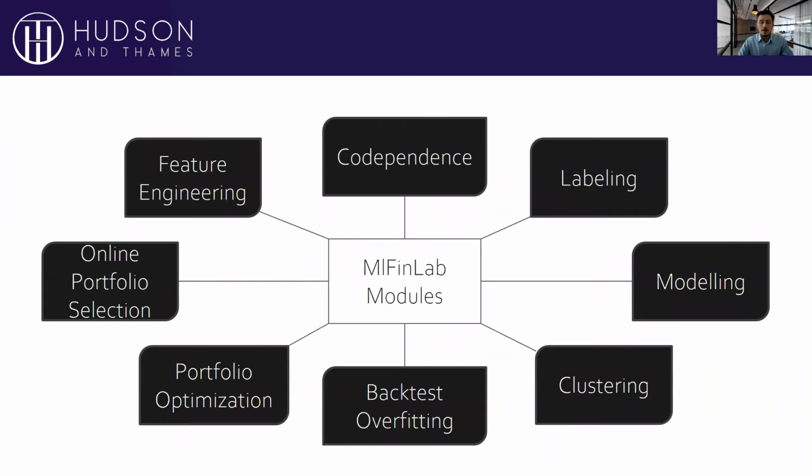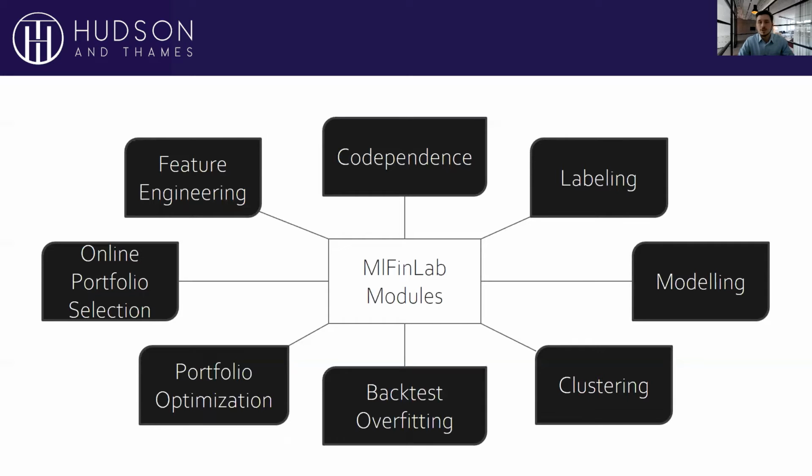So here are all the MLFinLab modules that are currently available. We are still growing, so more modules will come in the future. Generally, I'll describe them right now. Starting from feature engineering, which allows one to create various bars, not only the standard time bars, but also volume and dollar bars, etc. It can also detect shifts in market regimes and create multiple features.